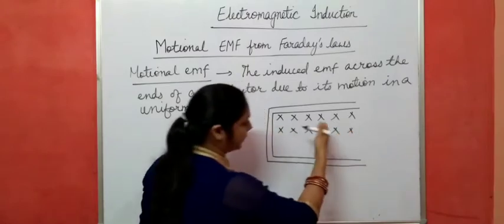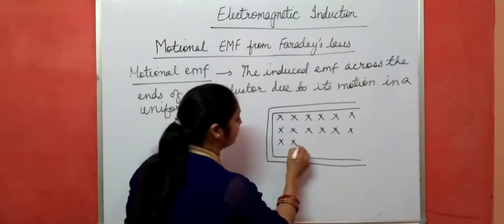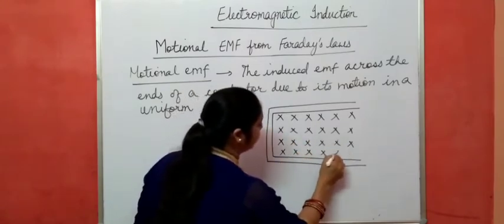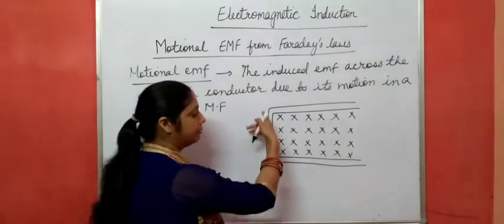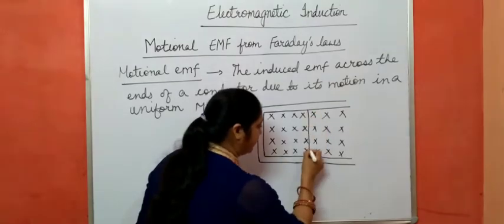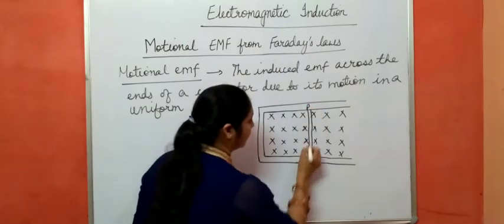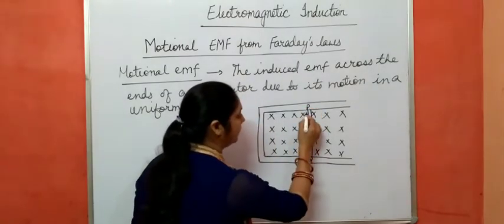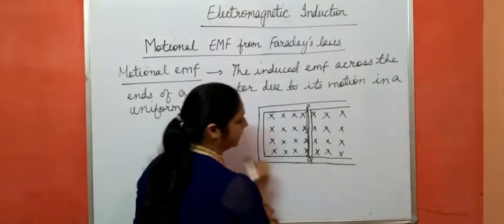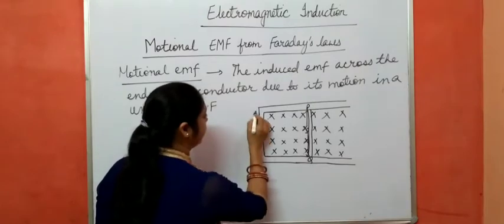The direction of the magnetic field is inward and perpendicular to this plane, and this U-shaped conducting rail is situated inside this uniform magnetic field normally. Now consider a conductor PQ of length L. Suppose these are P, Q, R and S.